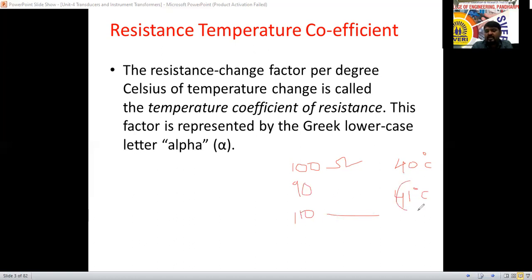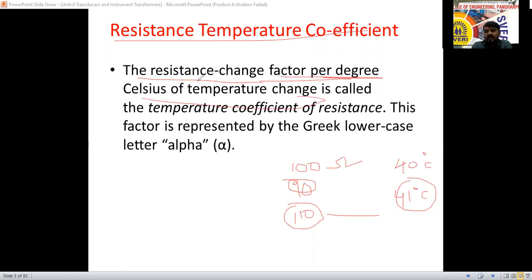So for a degree change, there is a change in the resistance. It may increase or it may decrease, but for a degree change of temperature, the resistance is changing. That is called the resistance temperature coefficient or temperature coefficient of resistance. Both are the same. That is called RTC. See the definition: the resistance change factor per degree Celsius of temperature change.